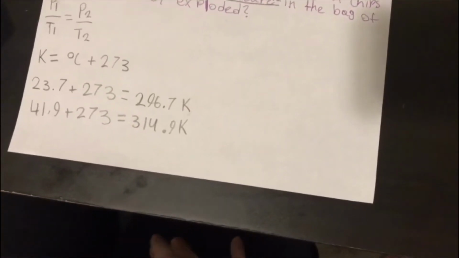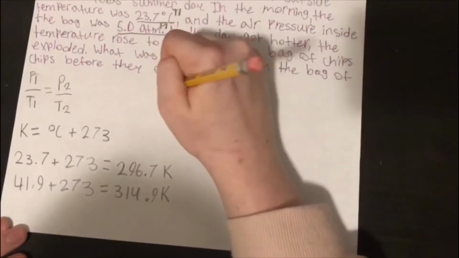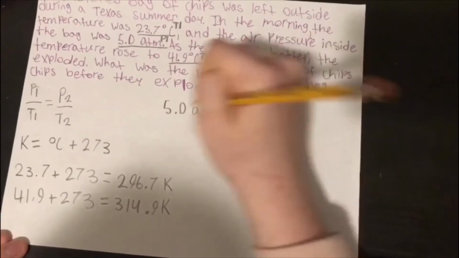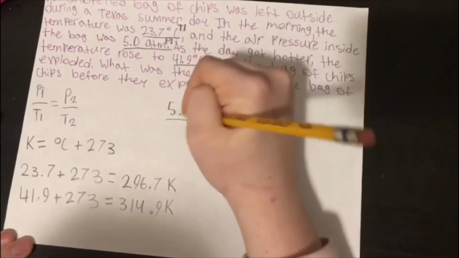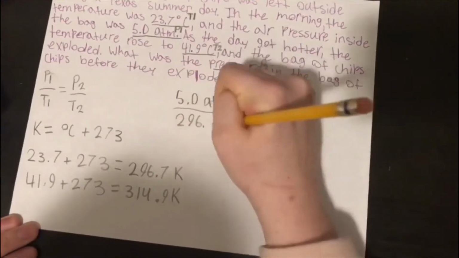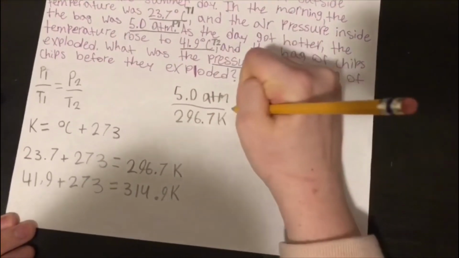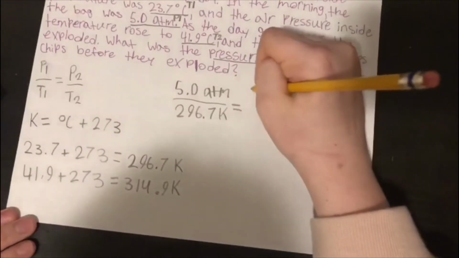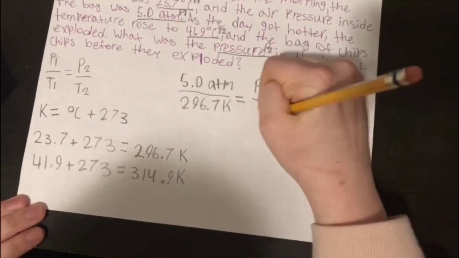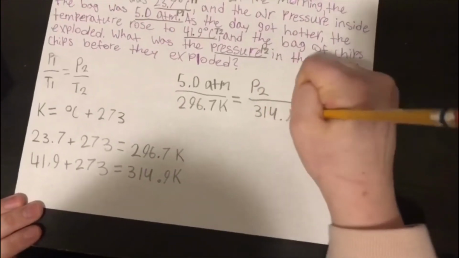So let's put this into the formula. So first we have P1, which is 5.0, and then we have T1, which is now 296.7 Kelvin, equals P2, which we are trying to solve for, over 314.9 Kelvin.